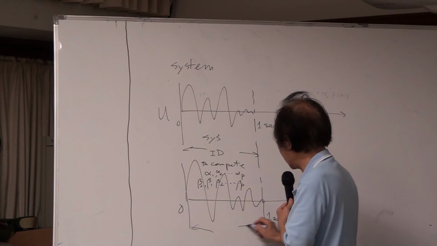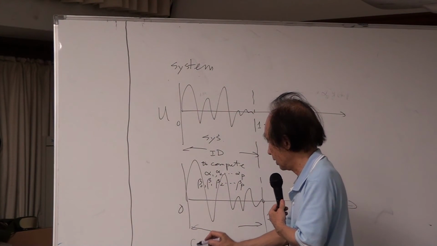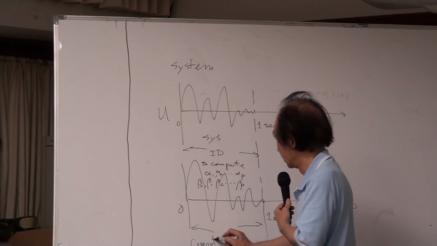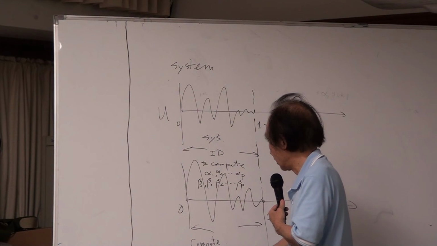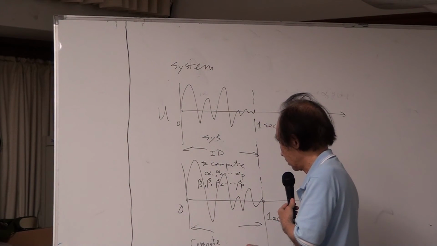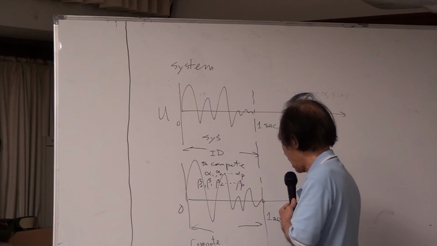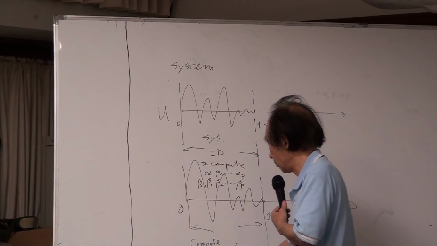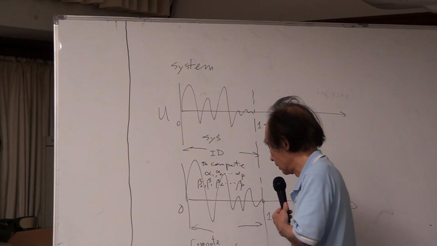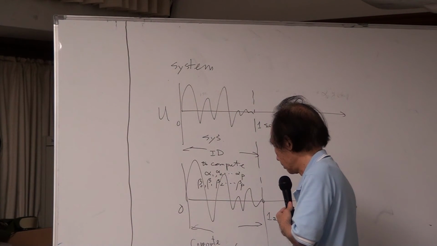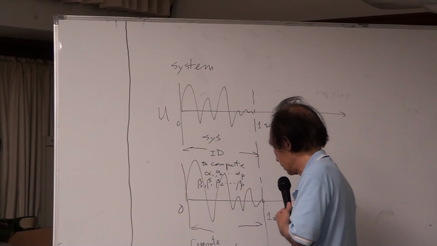And also in this 1 second, based on alpha and beta, we compute alpha 1C, alpha 2C to alpha PC, and beta 1C, beta 2C to beta PC.